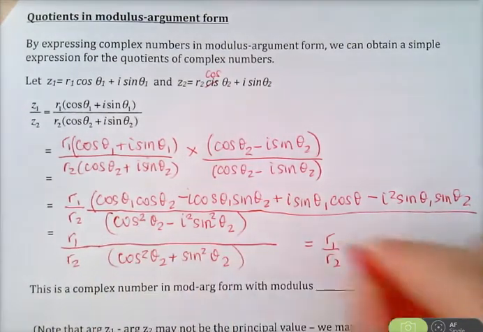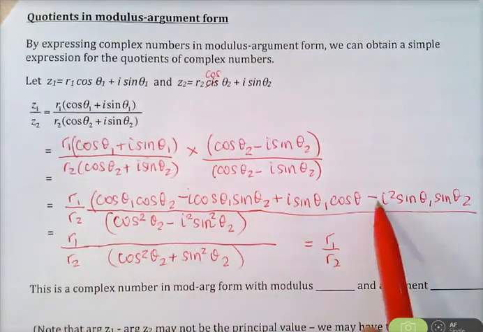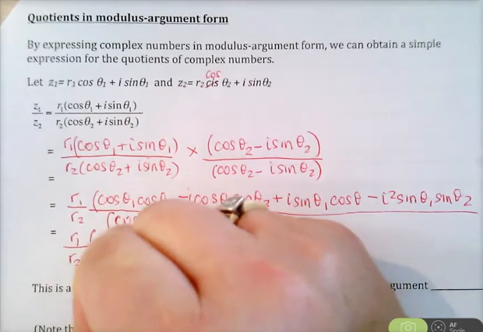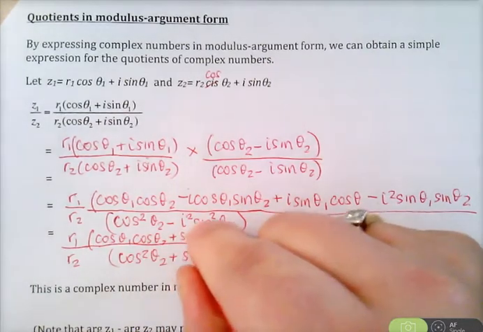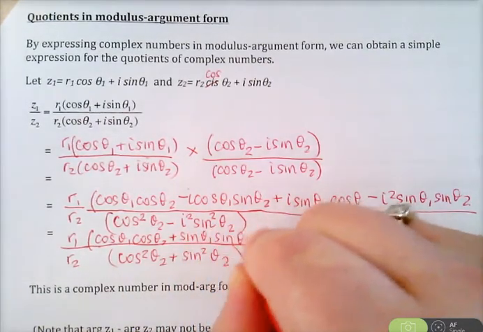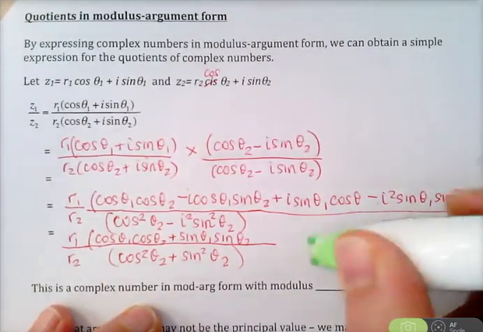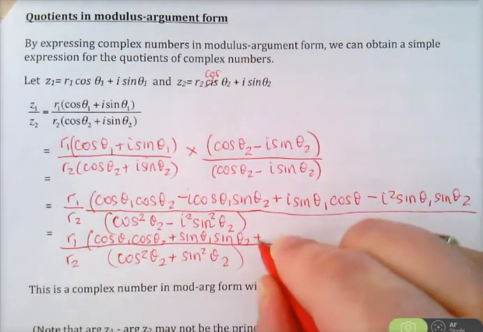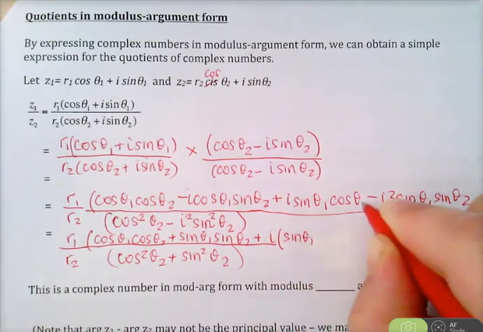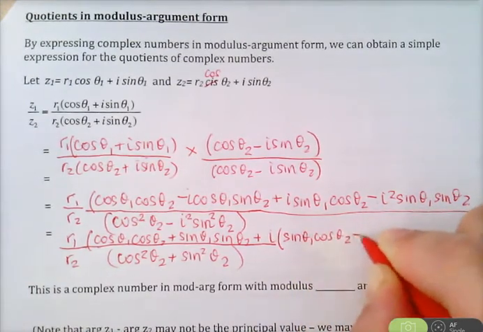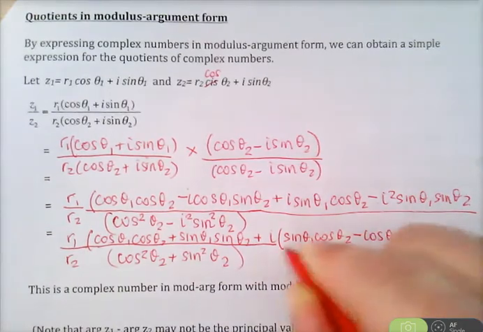And for our numerator, we've got cos theta 1 cos theta 2 plus sine theta 1 sine theta 2. And then we're going to get plus i, and we're going to have sine theta 1 cos theta 2 minus cos theta 1 sine theta 2.